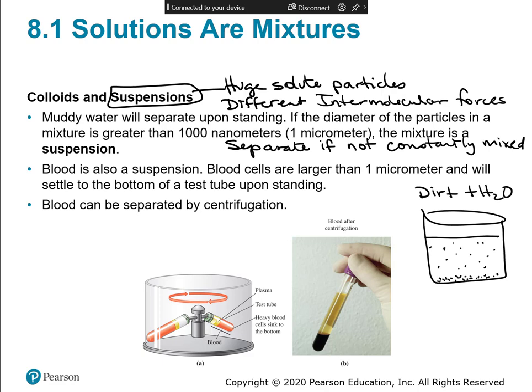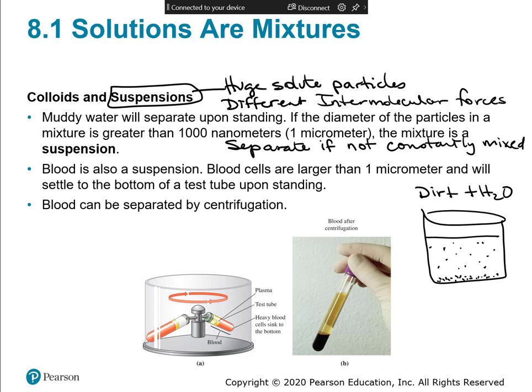But if you let it sit, all of that will settle down to the bottom, the top will be clear, and the dirt will be at the very bottom. If you stir it up, it'll go cloudy again. You let it sit and everything settles out. That's a suspension. The particles are large, they're not actually dissolved, and they don't stay mixed unless you physically mix them.